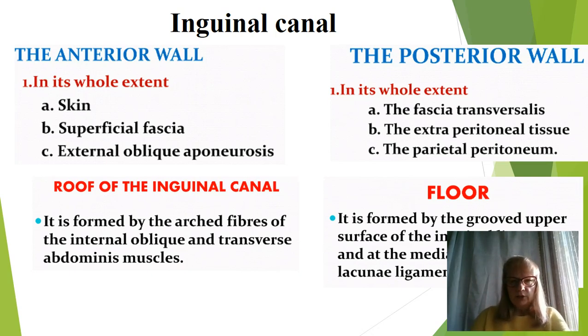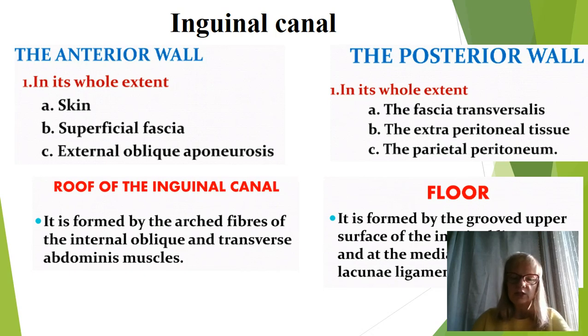So next structure, we have the inguinal canal. The inguinal canal is formed by one muscle from the lateral group of muscles of the abdominal cavity. If you remember something from the previous lecture, I said that the external oblique muscle is inferiorly attached on one side laterally to the anterior superior iliac spine, and the second point of attachment is the pubic tubercle.